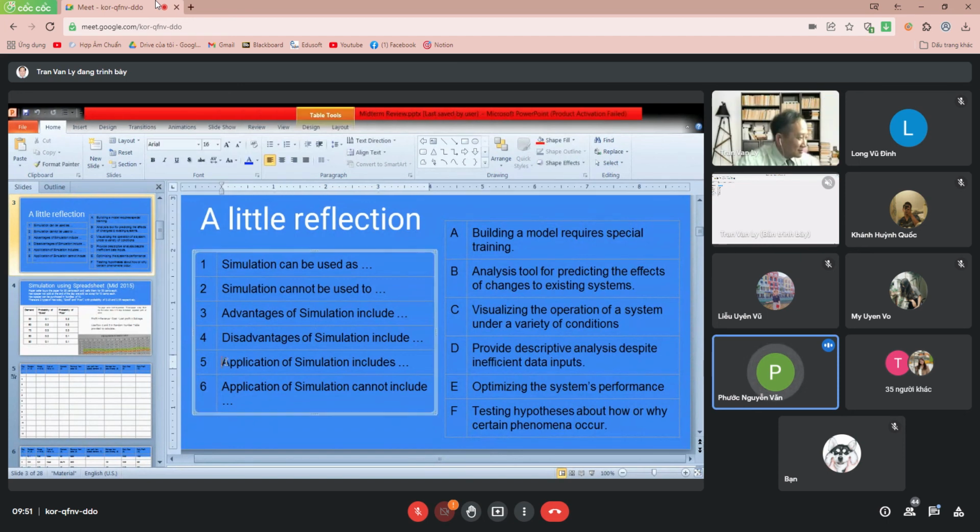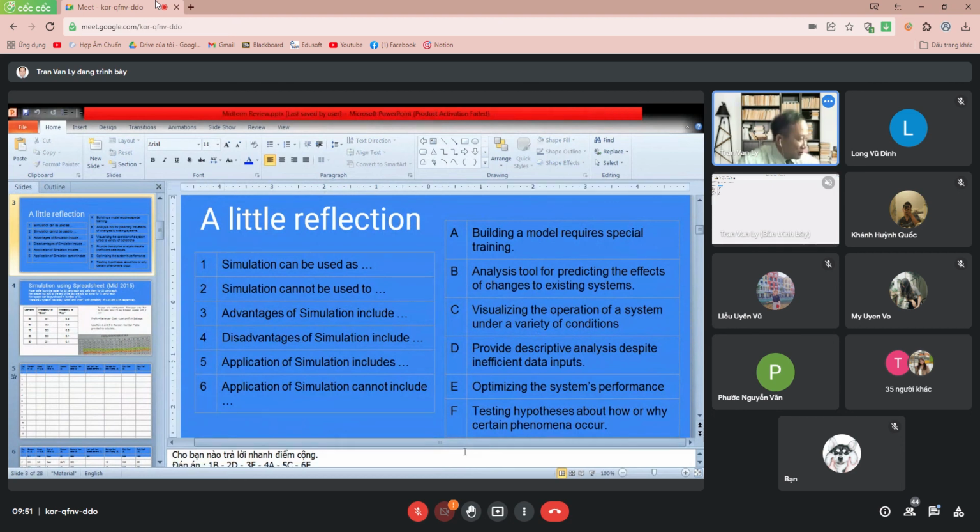Number 5 is C. Include visualizing operation. Phước, do you want to try more?